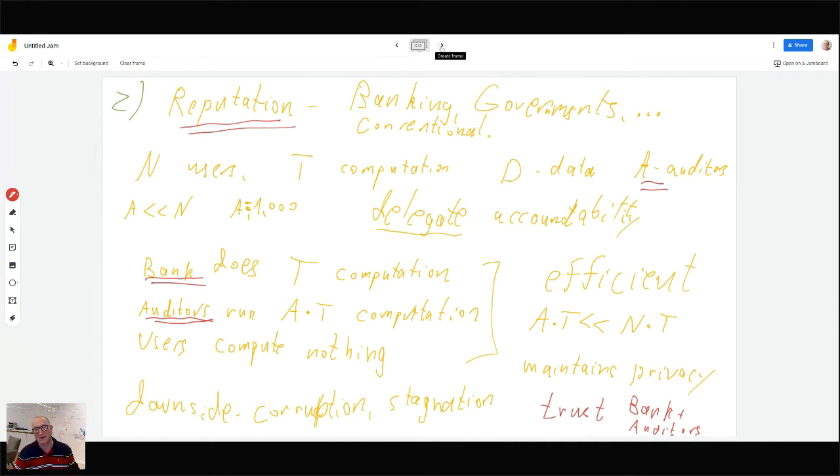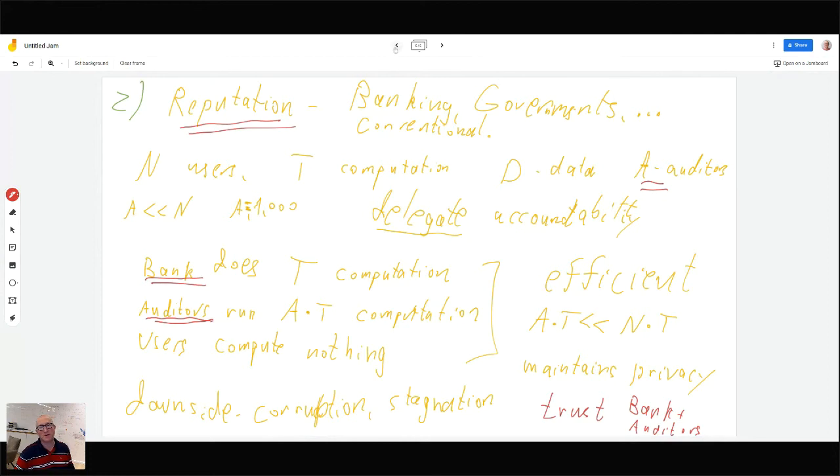And one of the answers I think we can give Paul Krugman and the standard economists is that, well, there is a way that is not reputation-based, and it is far more efficient than naive replay, but still does not have any trust assumptions. And of course, that's going to be solution number 5, but we'll get to that.